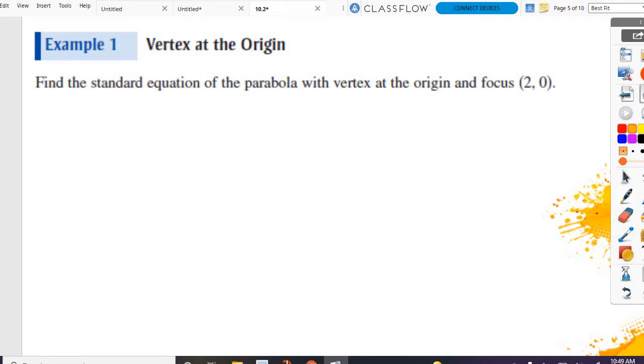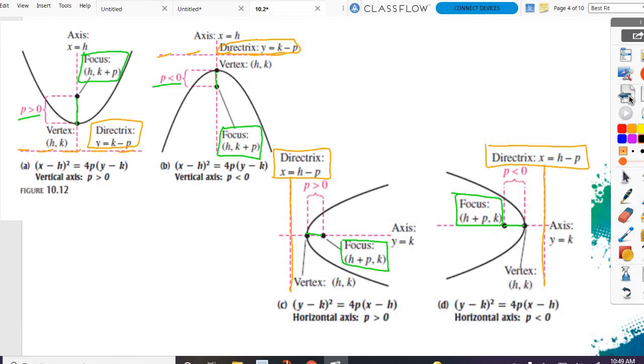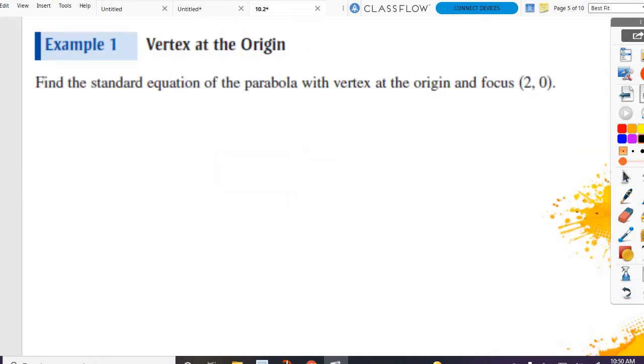Before that, we have to decide which equation we're using. So what did we have on the previous page? We had a picture though, right? So what might it be helpful to do here?